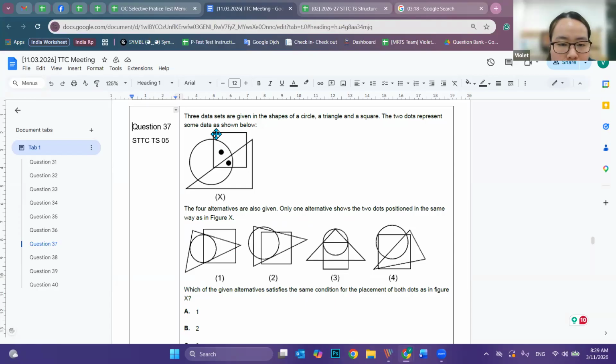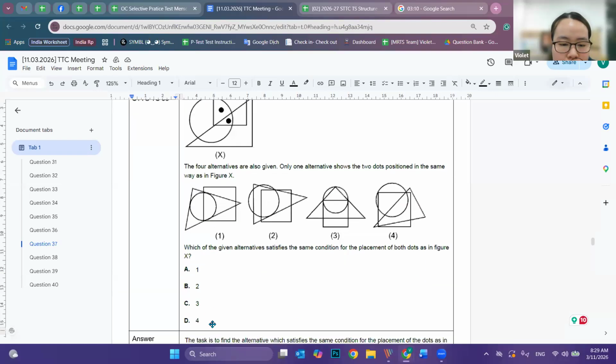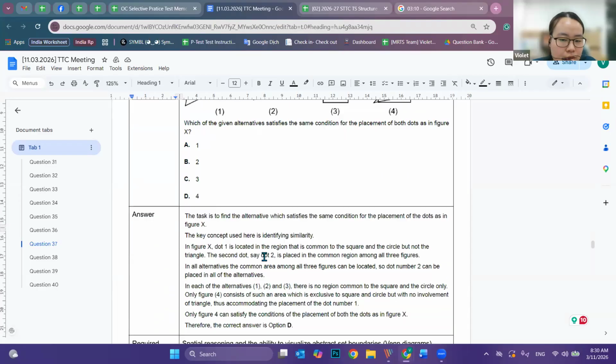We see that this dot is in a square and circle, and only alternative 4 has a square with the same part as this one. We also have a dot that has 3 shapes, and we have this part. So alternative 4 is the correct answer. So D is the correct answer.